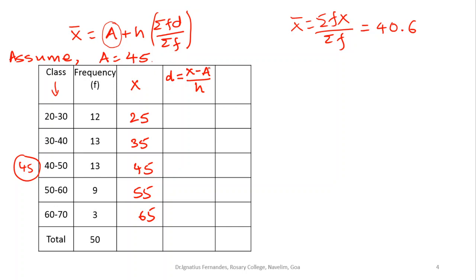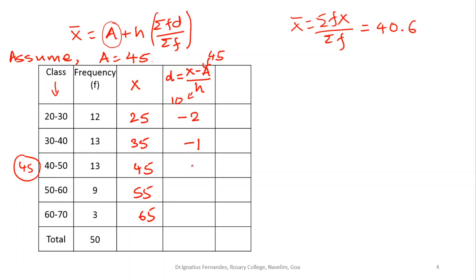So from each of these x values we subtract 45 and divide by h, that is equal to 10. So 25 minus 45 is minus 20. Minus 20 divided by 10, we will get minus 2. Then for x equal to 35, 35 minus 45 is minus 10. Minus 10 divided by h, that is 10, we will get minus 1. Next x value is 45.